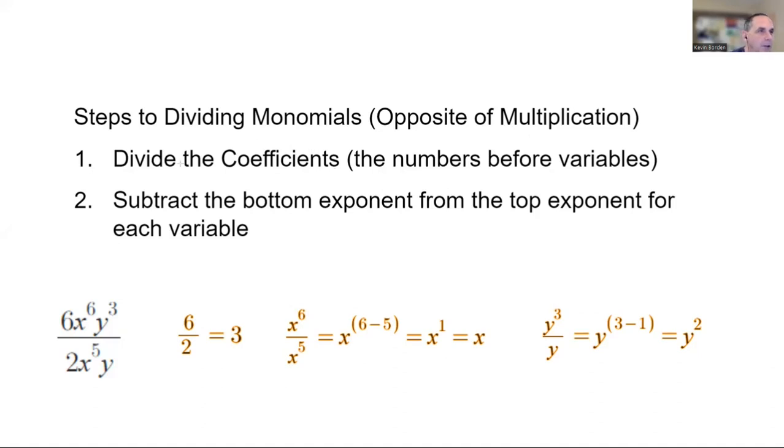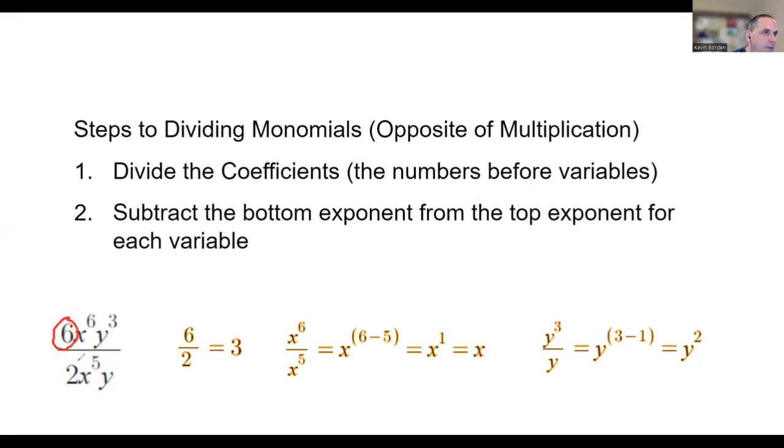When we divide polynomials, we are going to divide the coefficients. Those are the numbers before the variables. So in this case, 6 on the top of the fraction and 2 on the bottom of the fraction. So as shown here, we're going to divide 6 by 2 and we get 3. That's the first part of the work that we need to do in this problem.